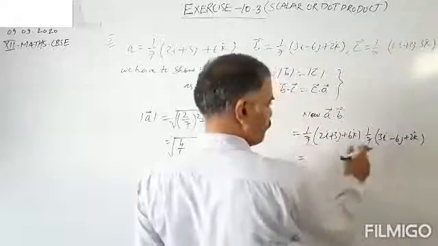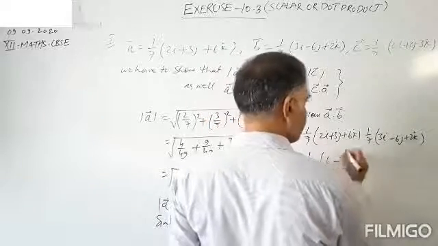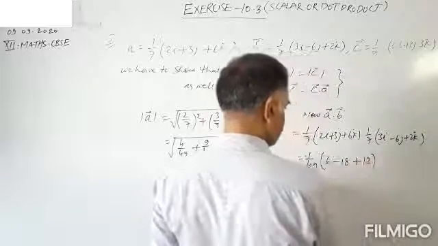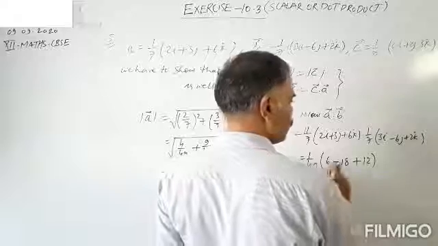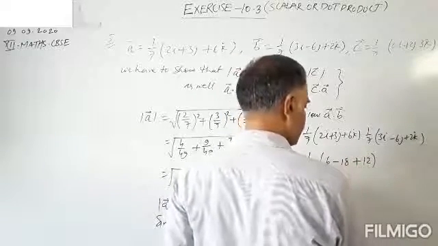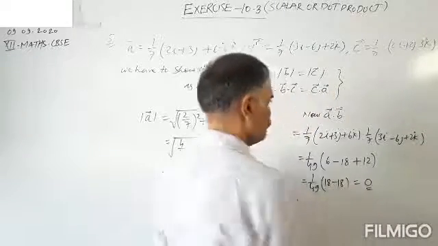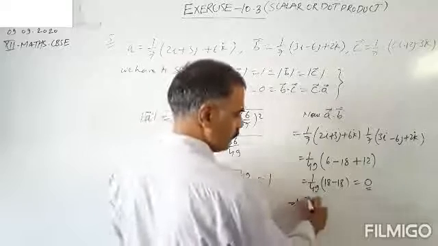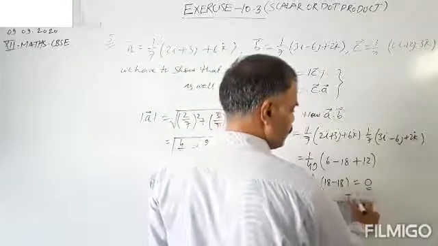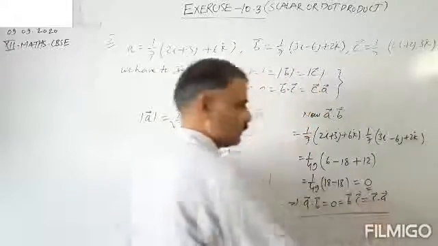So 1 upon 7 into 1 upon 7 is 1 upon 49, and 2 times 3 is 6, minus 3 times 6 is 18, plus 6 times 2 is 12. So 1 upon 49 into (6 plus 12, 18, 18 minus 18), that equals 0. So A vector dot B vector equals 0, and similarly B vector dot C vector equals 0, and C vector dot A vector equals 0.